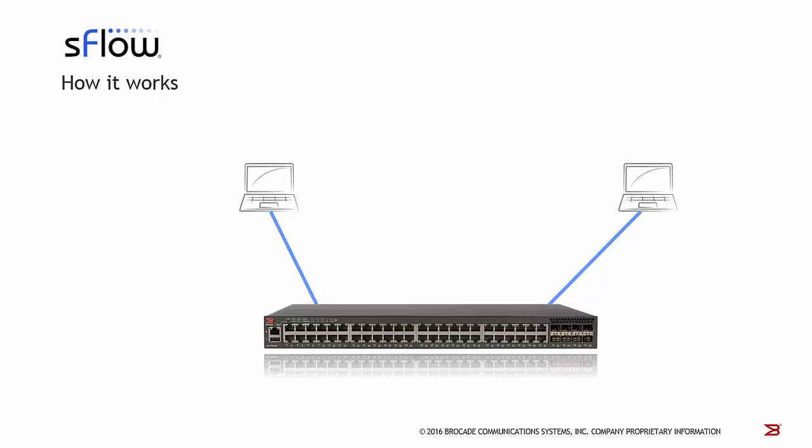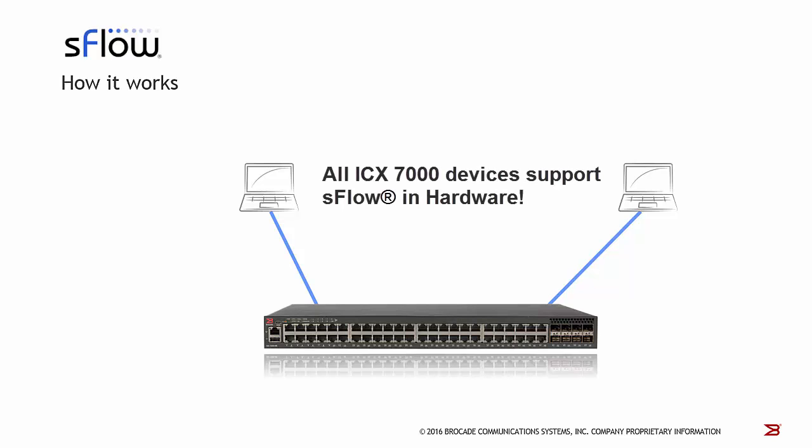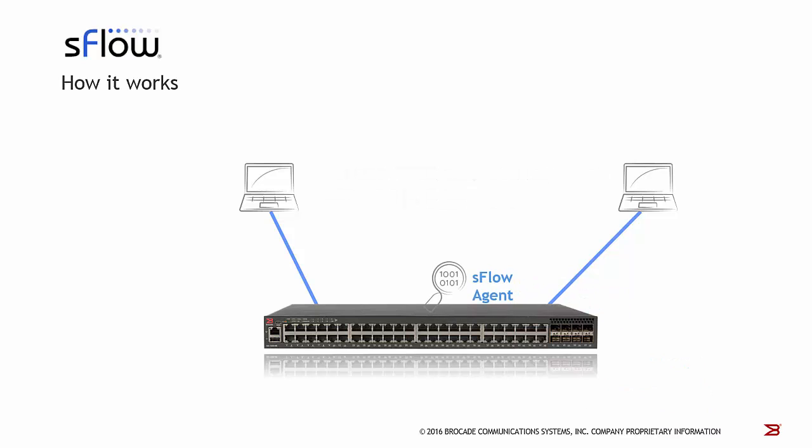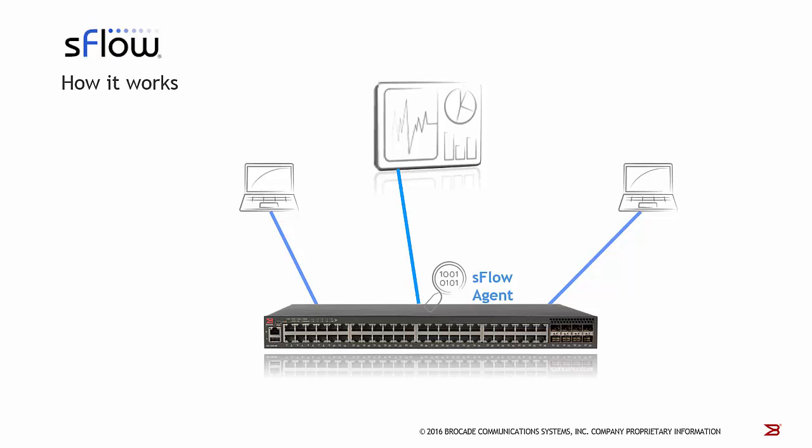How does it work? First of all, you need a device which basically supports sFlow. So all ICX 7000 devices support sFlow in hardware. What you have to do is to enable a so-called sFlow agent. In addition, you need some kind of software which can collect, display and analyze the information sent by the sFlow agent.